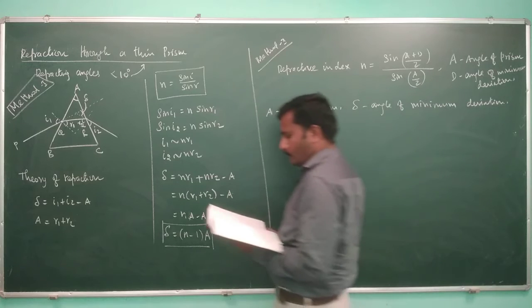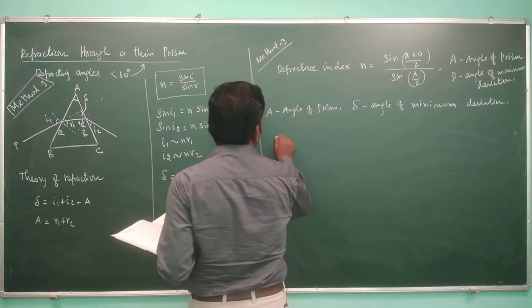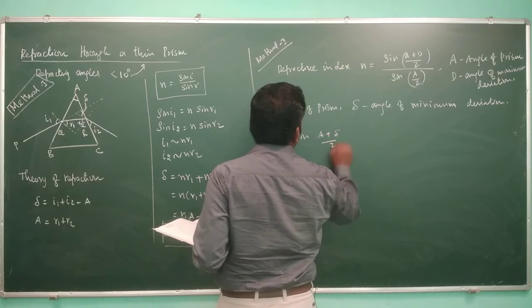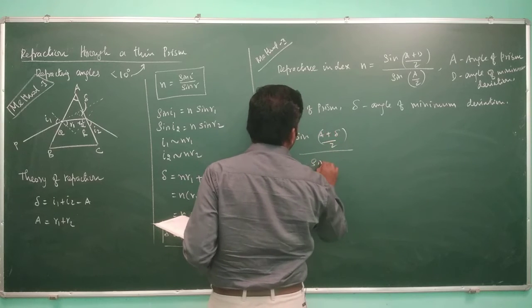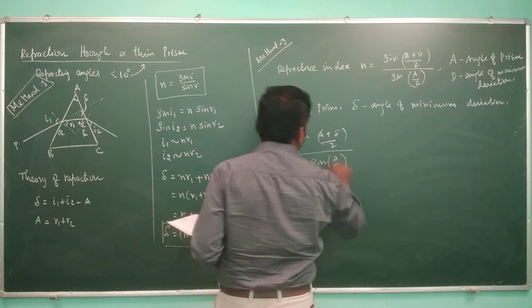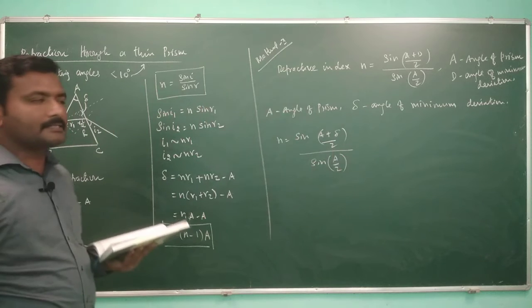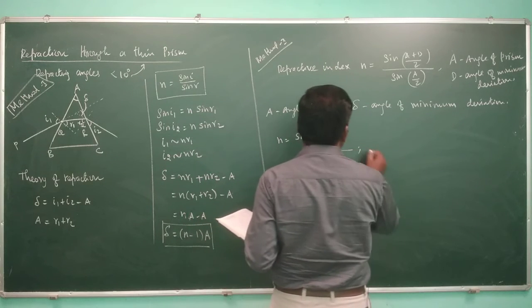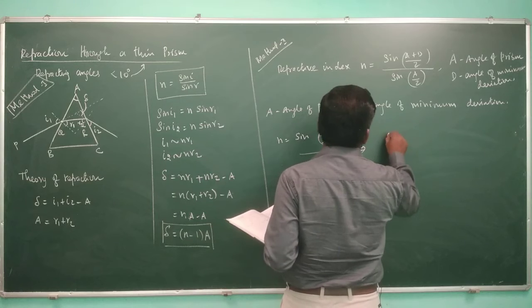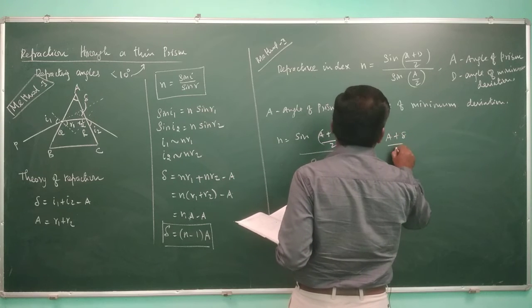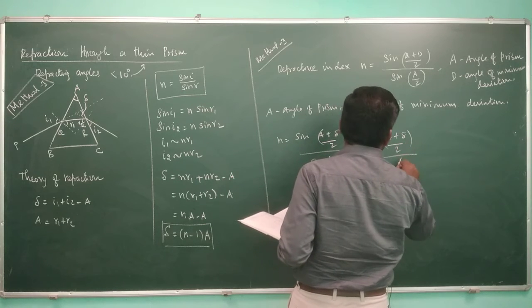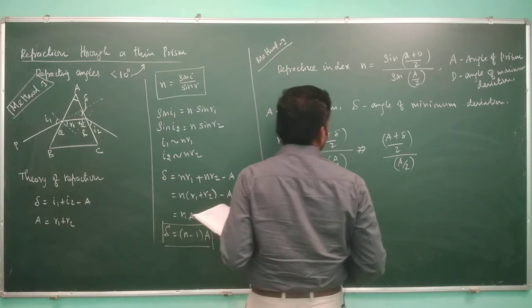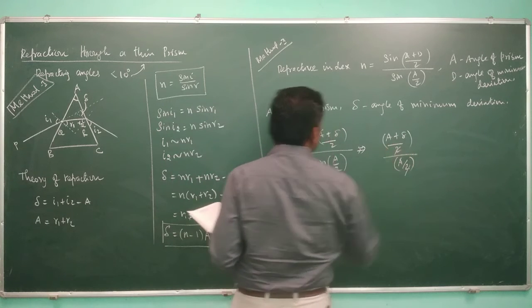So that the above equation becomes n equal to sin((A plus delta) by 2) divided by sin(A by 2). But for small angles, sine of angles becomes the angles themselves. So this becomes (A plus delta) by 2 divided by A by 2, so that this 2 and this 2 will cancel out.